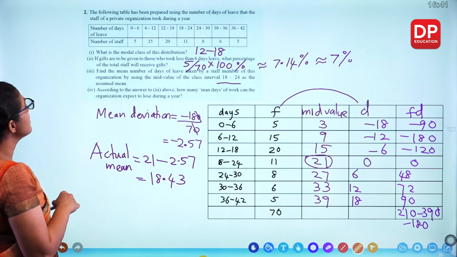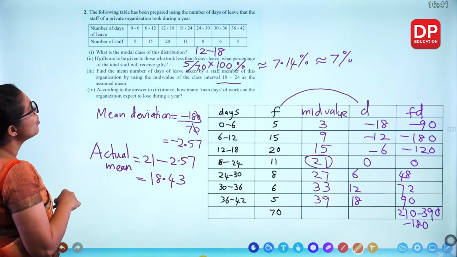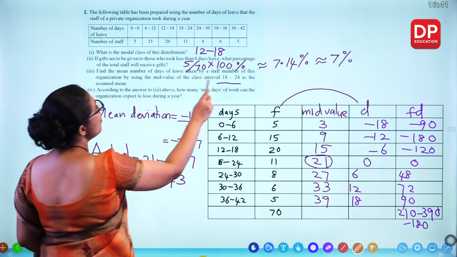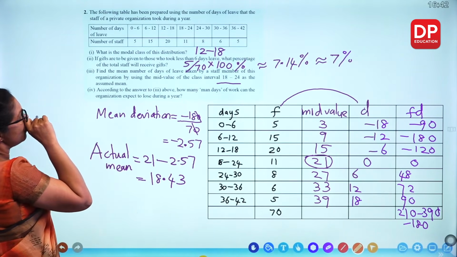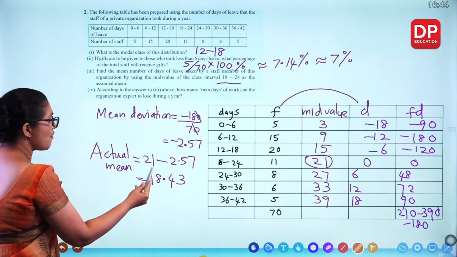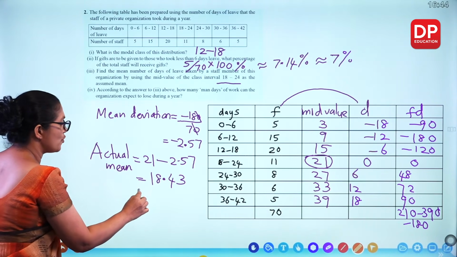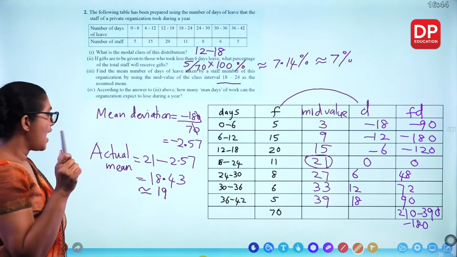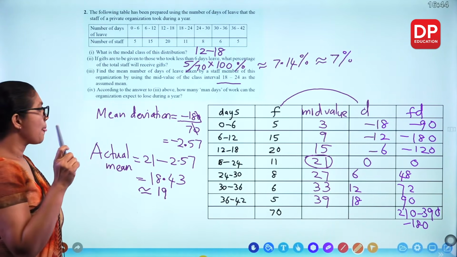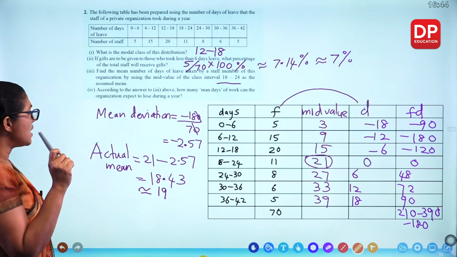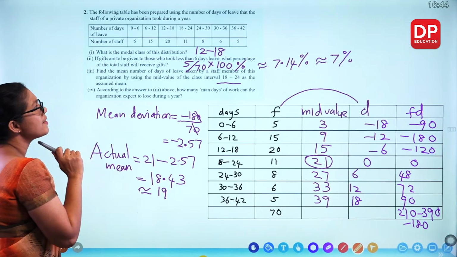Not a whole number, so roughly 18.43, we can take as 19. What this means is, actual mean is the number of leave days per one staff member.